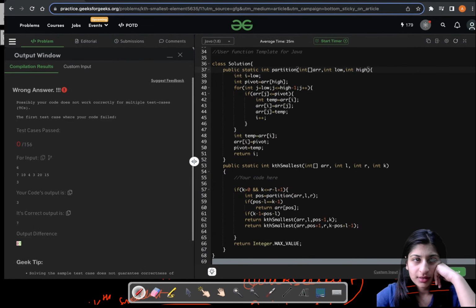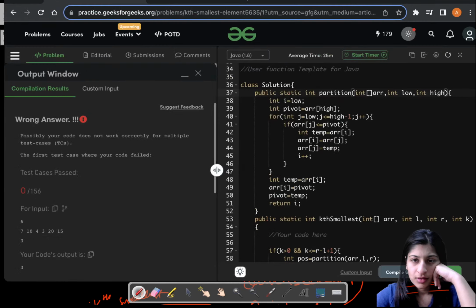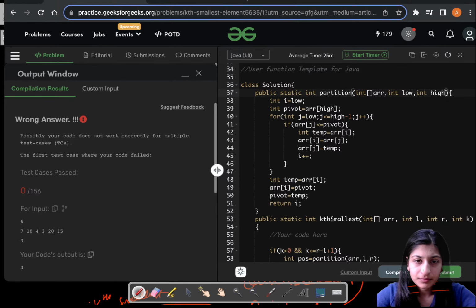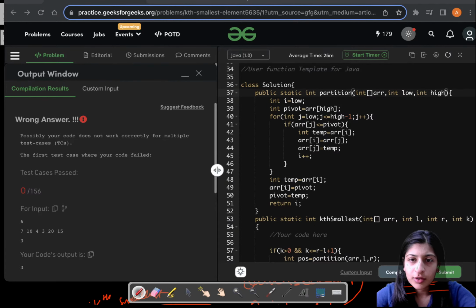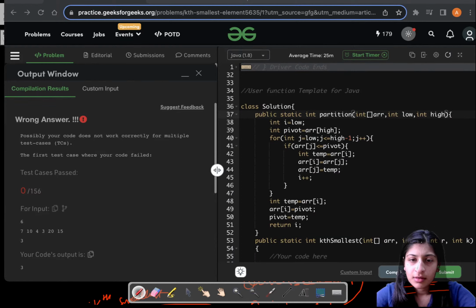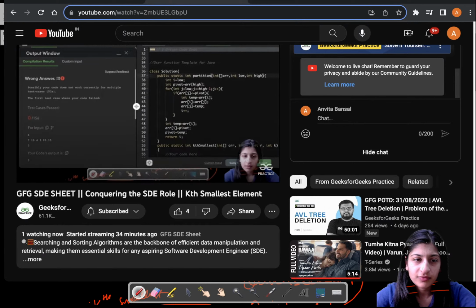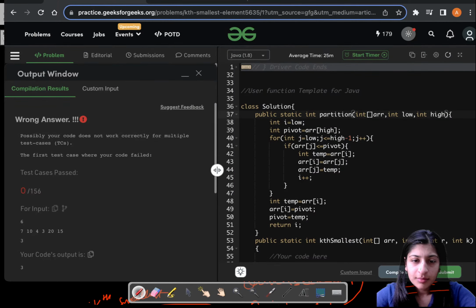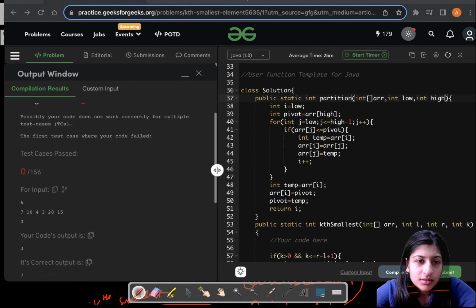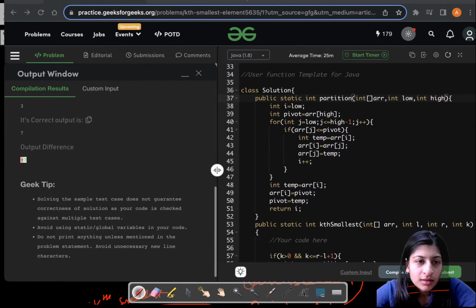Still it is not working. Let's check, guys, what is the error. So even if I see that you have written a partition, array, low, and there is this high. Then you have your pivot, which is your ARR of high. I think this is what it is saying. It is failing.